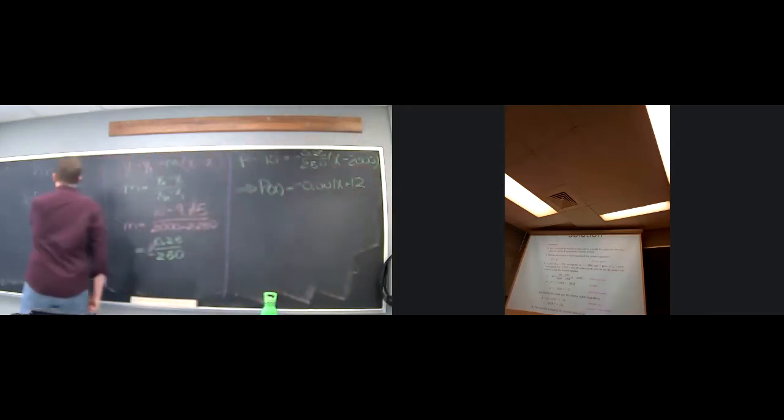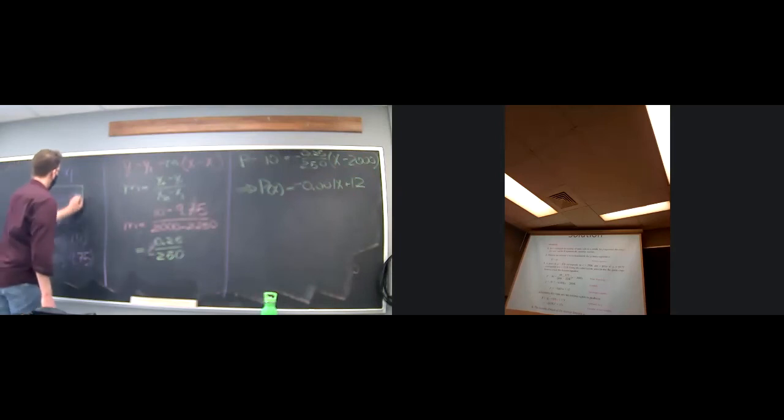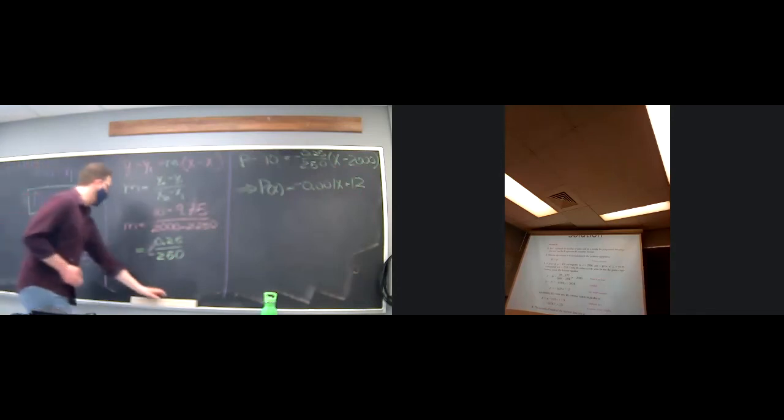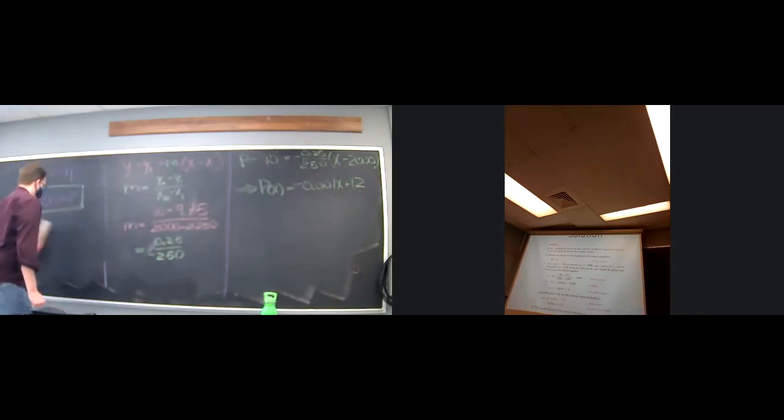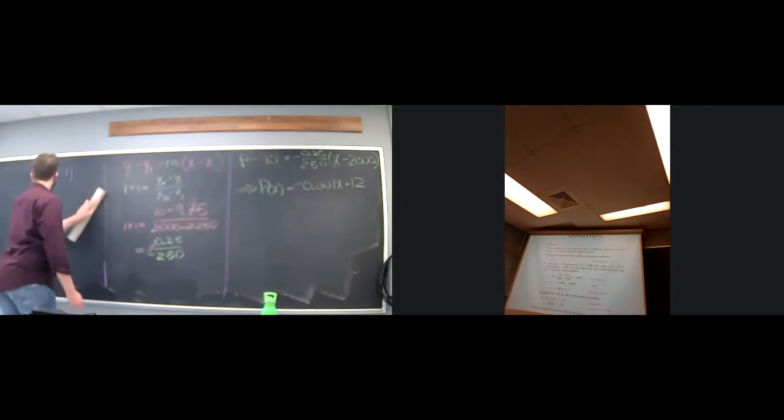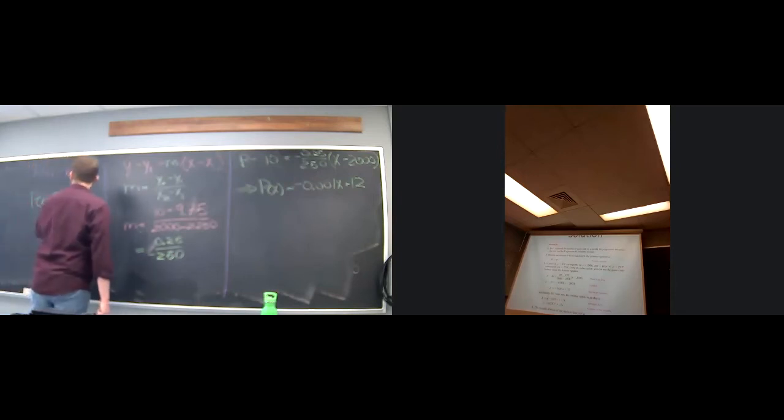So we just solved for this, right? Now, let's erase this and this. Put up our price function. P of x is equal to negative 0.001x plus 12.